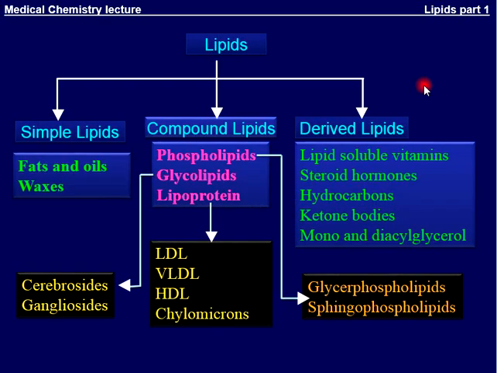Finally, the derived lipids come from the hydrolysis of lipids and give structures and compounds that have the characteristics of lipids. These include lipid-soluble vitamins, steroid hormones, hydrocarbons, ketone bodies, and mono and diacylglycerols.